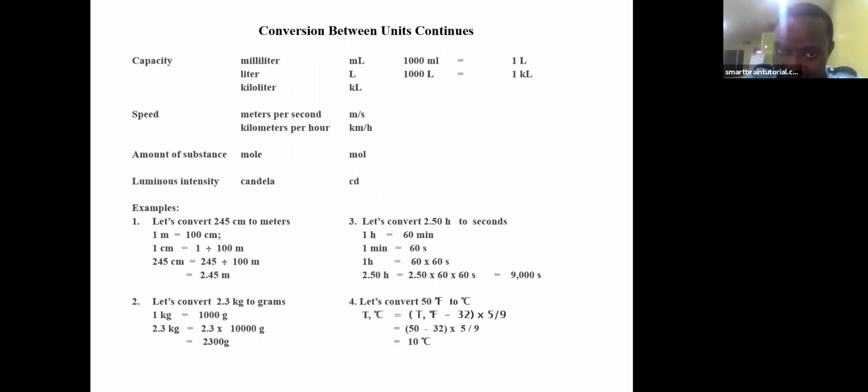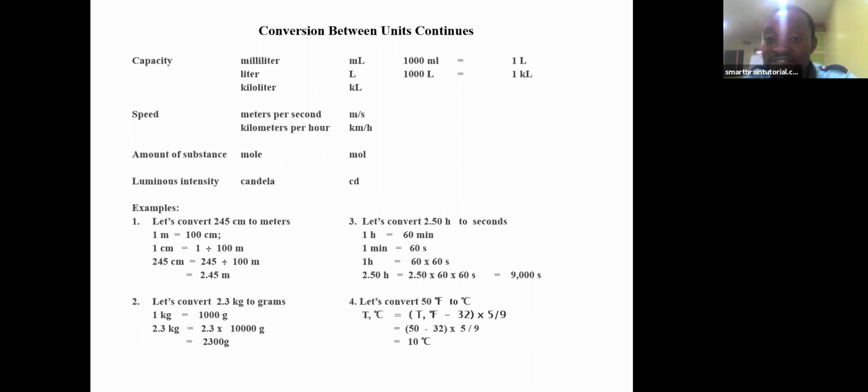Next one is the capacity, which is the volume of liquid. In measuring the volume of liquid, it is measured in milliliter, liter, and kiloliter. These are the commonest units for measuring volume of liquid. Now, the milliliter is abbreviated as ml.